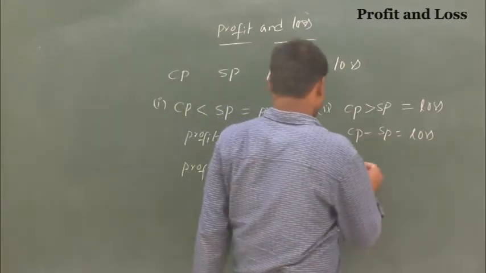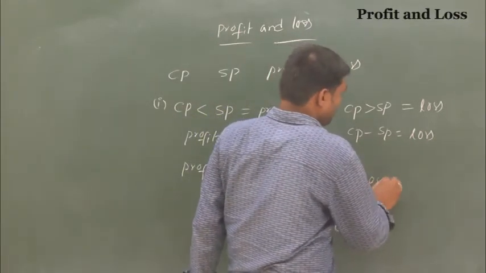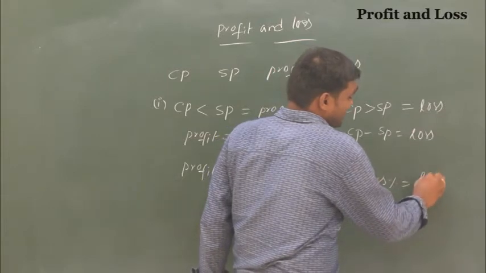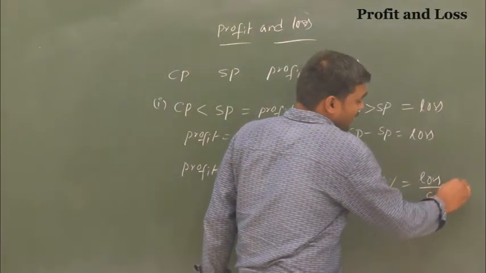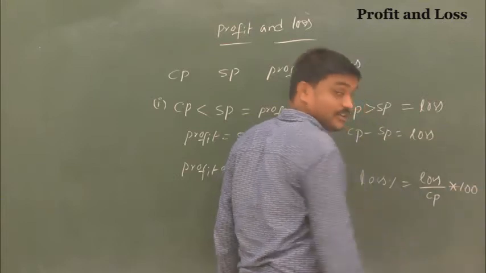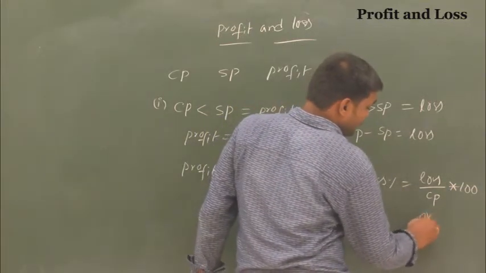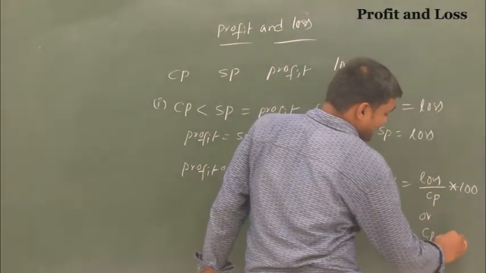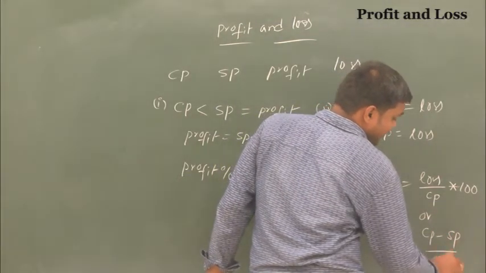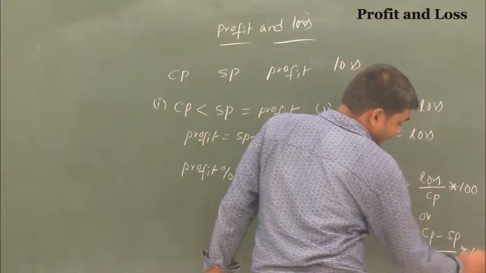Next, loss percent equals loss by cost price into 100. Another formula is (CP minus SP) by CP into 100.